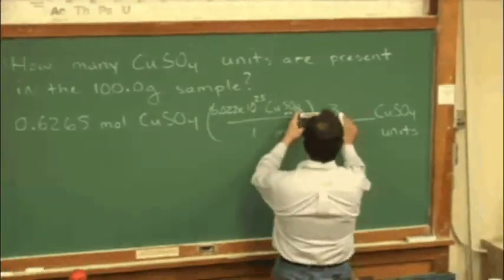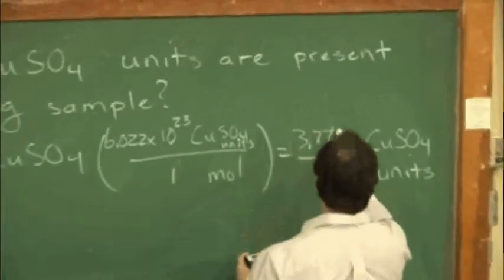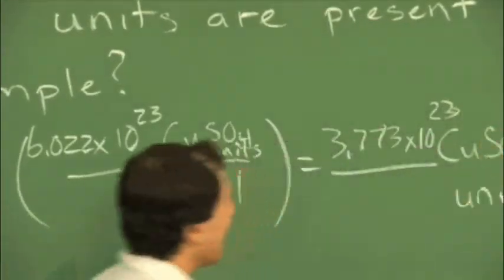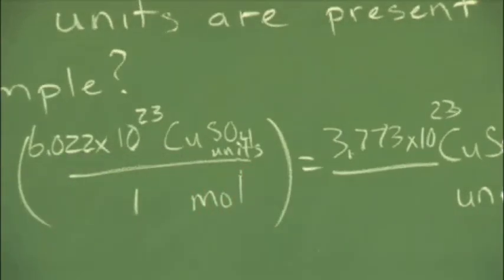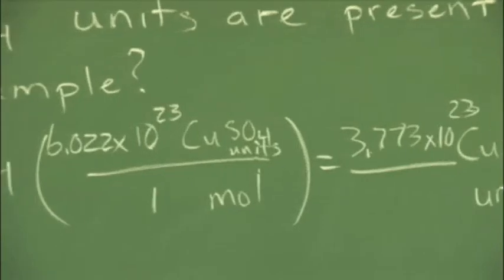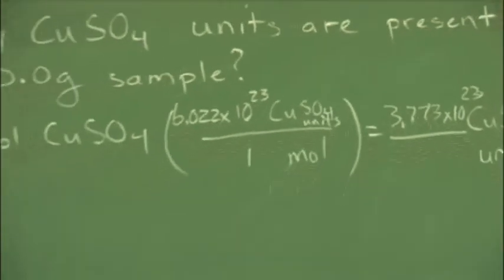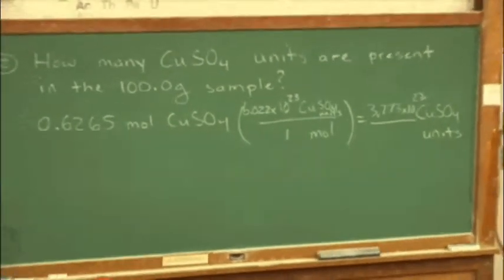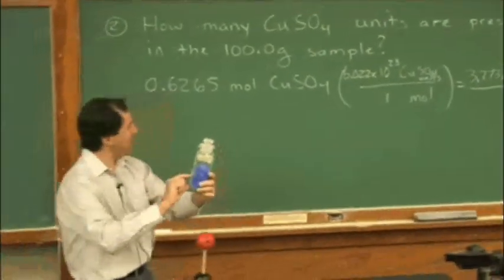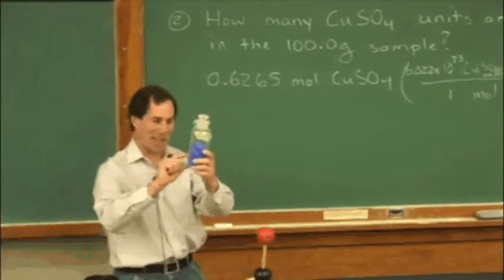And I calculate 3.773 times 10 to the positive 23rd, which is an astronomically large number. We have many, many, many of these copper sulfate units present. 100 gram sample is approximately 1/3 of this jar. So right there we've got that many copper sulfate units.